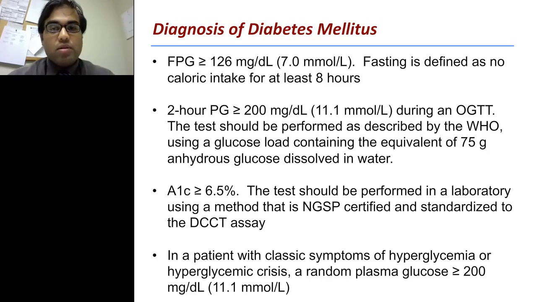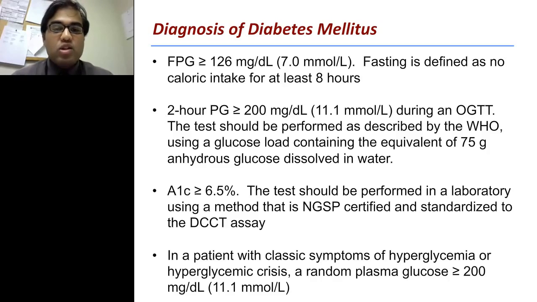The other important feature to remember is that there are individuals who can have variations in their hemoglobin measurements, either because of anemia or other related issues with their blood counts, that could falsely lower their A1C, and then this may not be the ideal test to choose.